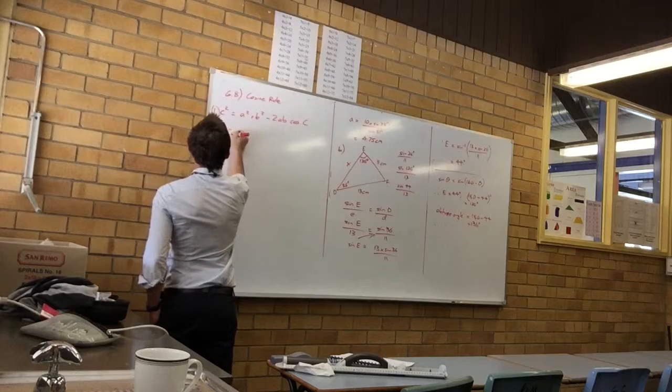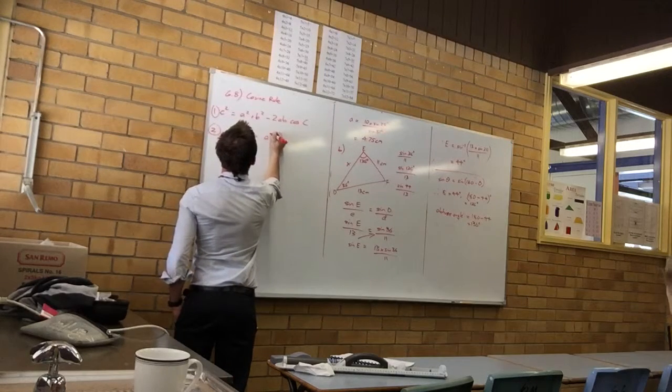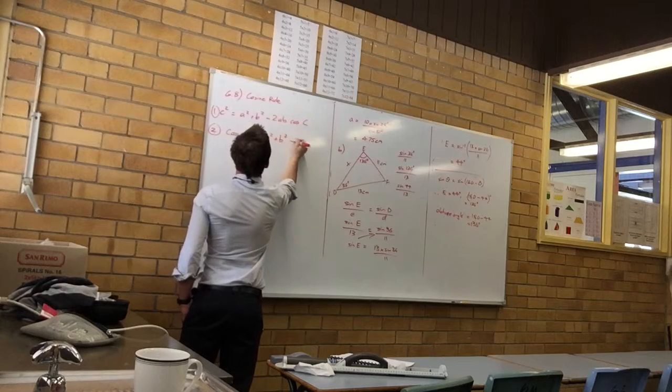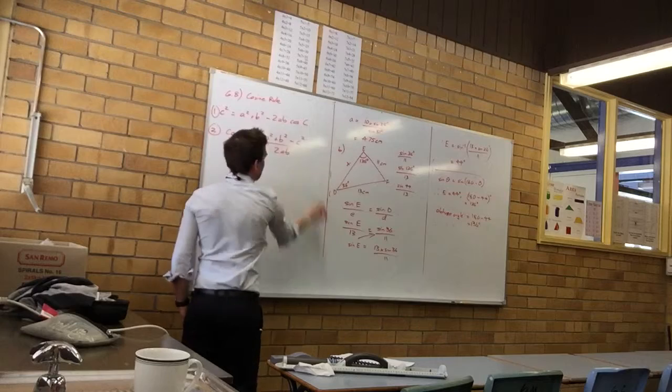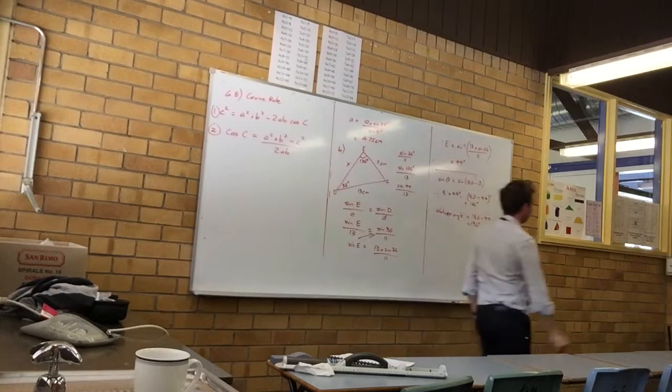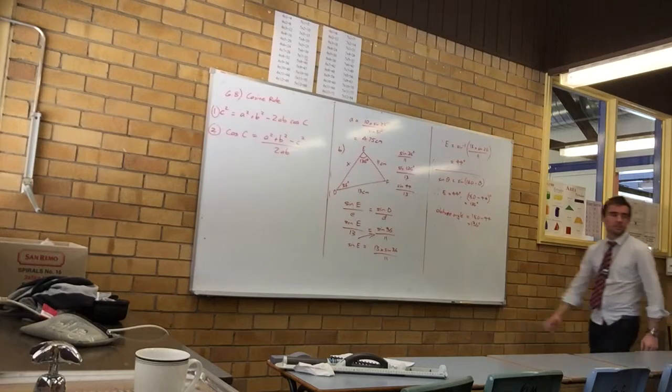Or you'll have cos of the angle capital C, which is going to be a squared plus b squared take away c squared over 2ab.